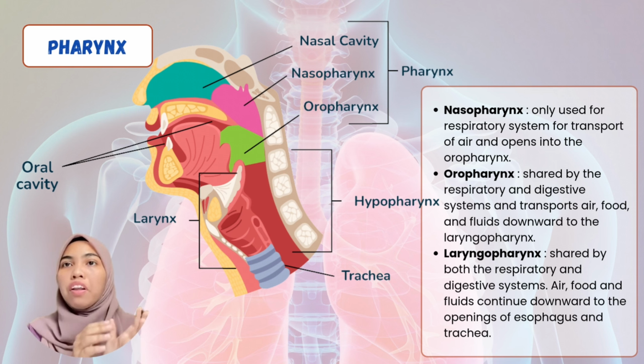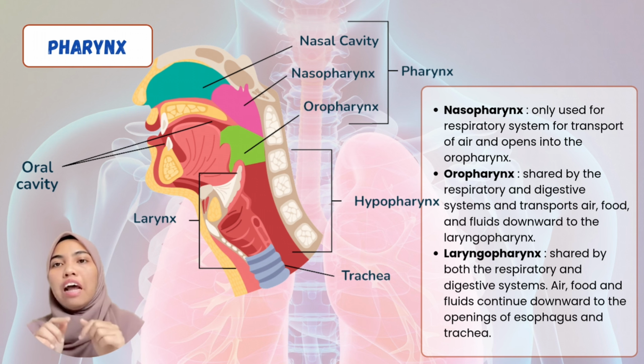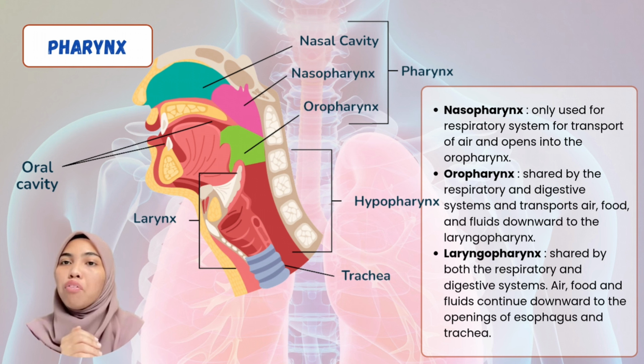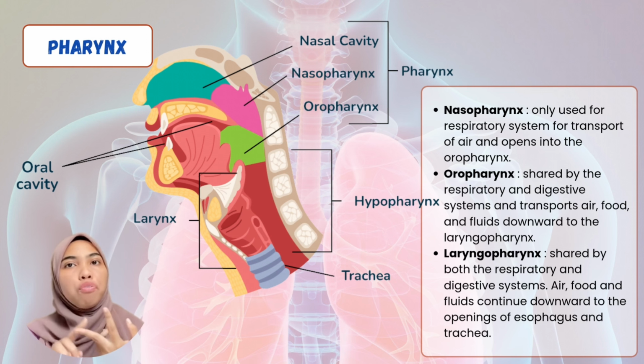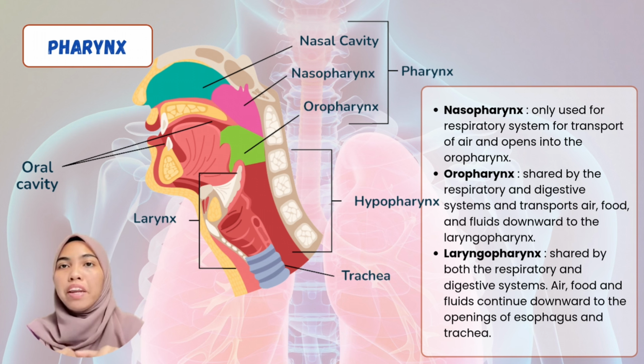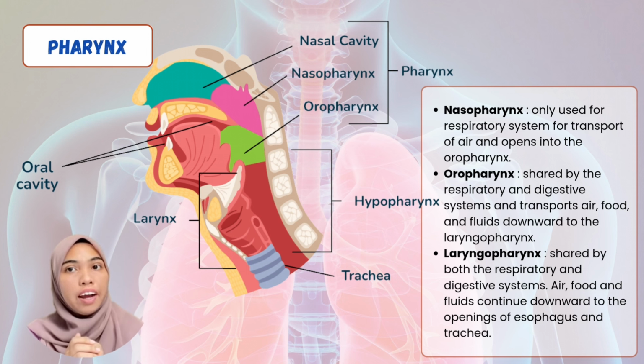They also transport air, foods, and fluids downward into the laryngopharynx. The laryngopharynx is shared by both the respiratory and digestive systems. Air, food, and fluids continue downward to the opening of the esophagus and one pipe, which is the trachea.